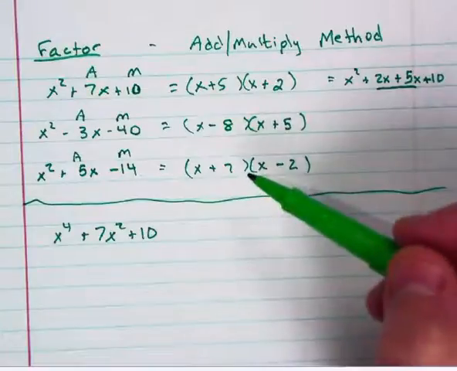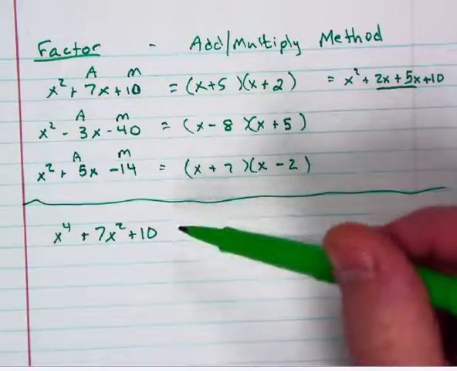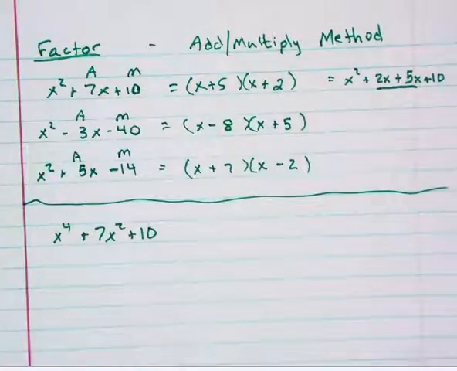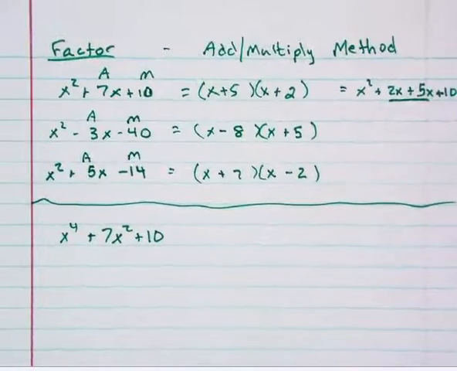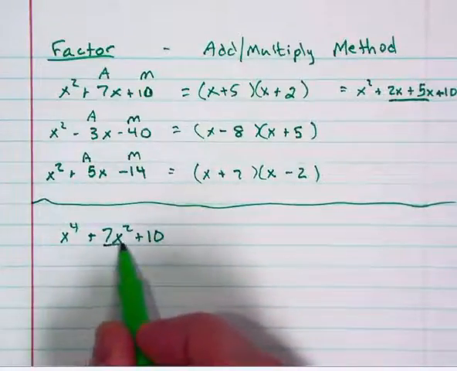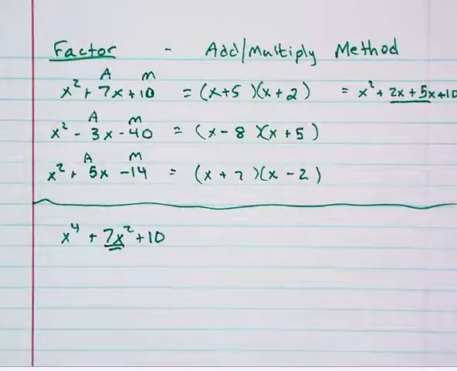Okay, think about what might be able to get x to the 4th. So I know that x to the 4th is x squared times x squared. So I want to keep that in mind because that right there is an x squared. So it may not look like it at first, but this is really another add multiply method type of problem.